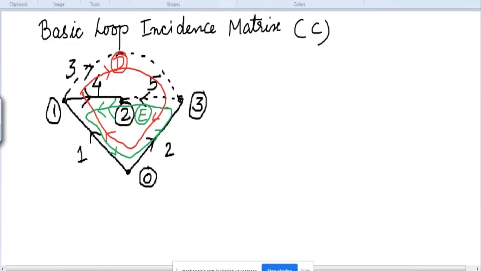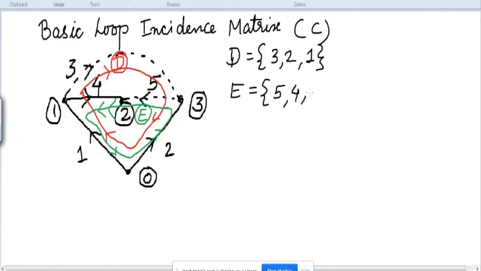So let us first write the elements that will be there in D and E, and then write the matrix. D will have the set 3, because we have closed 3, then only D has formed. So 3, then 2, 1. This will be the entries of D. Then for E, we will have 5, 4, 1, 2.